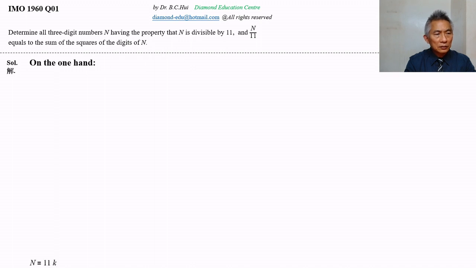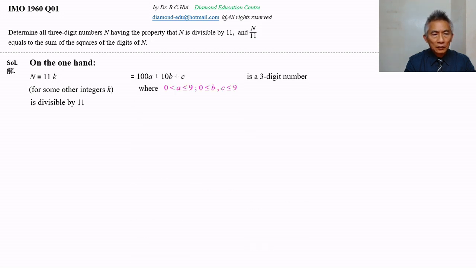On the one hand, n is a multiple of 11. It is a 3-digit number, so it could be written as 100a plus 10b plus c, where a, b, and c are integers.